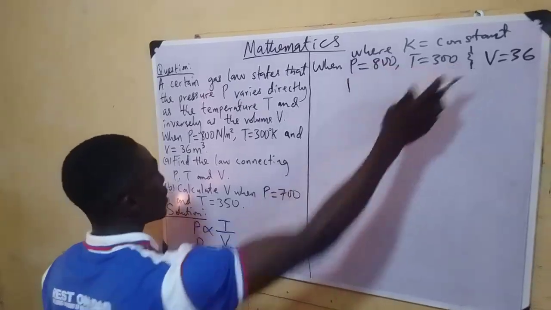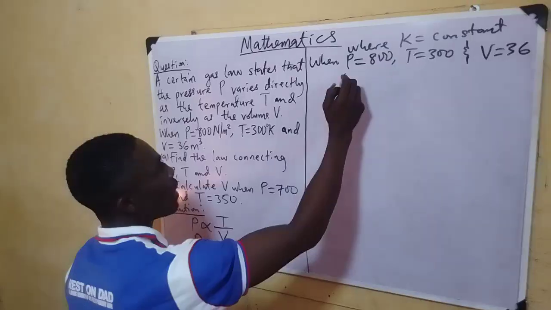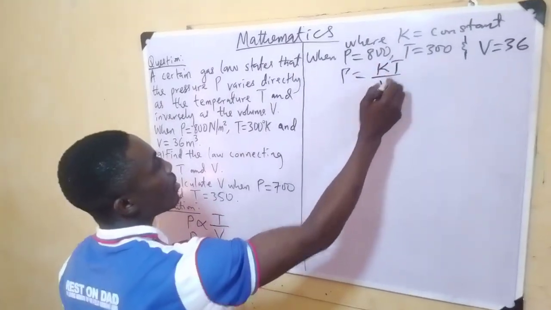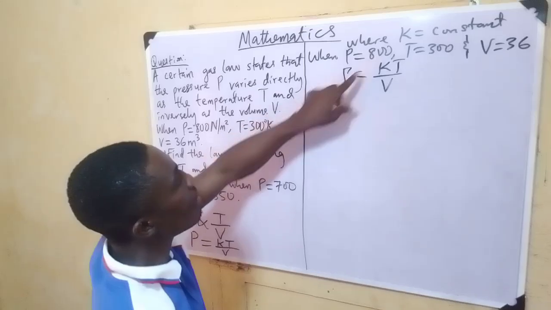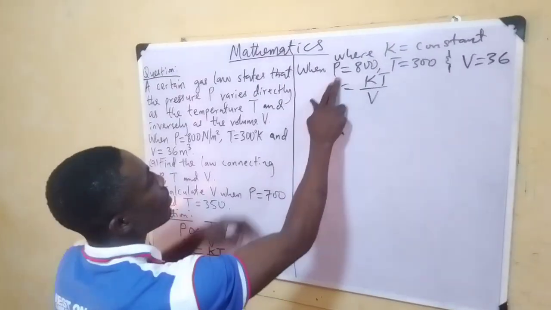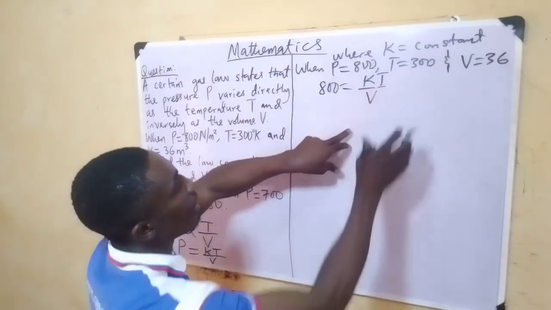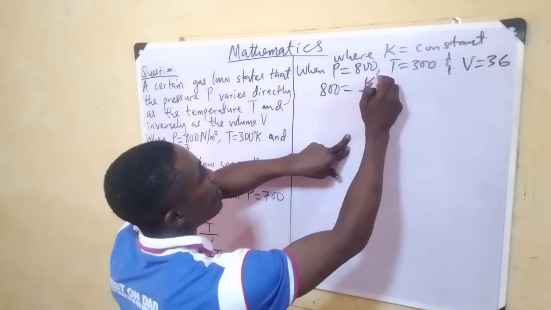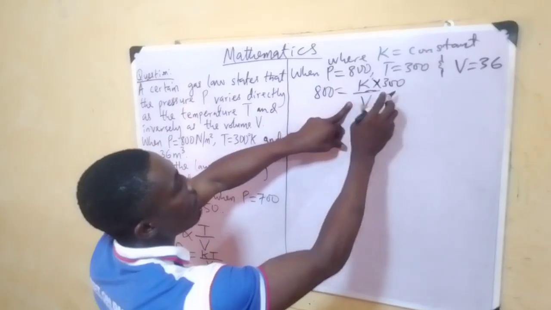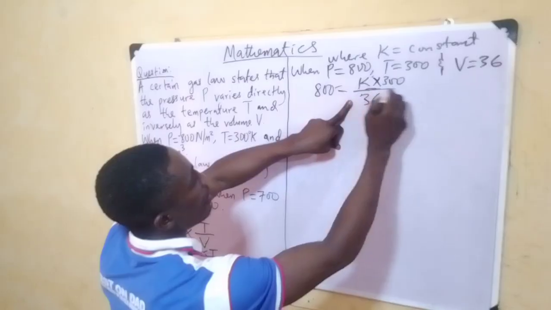We substitute all these values in the formula that we have here. So P is equal to KT over V. When P is 800, we replace P with 800, replace T with 300. So we have K times 300 all over V, and V is 36, so all over 36.